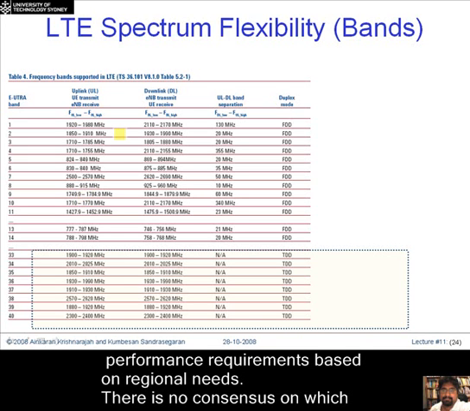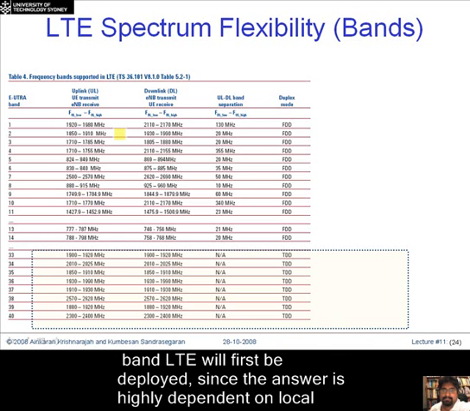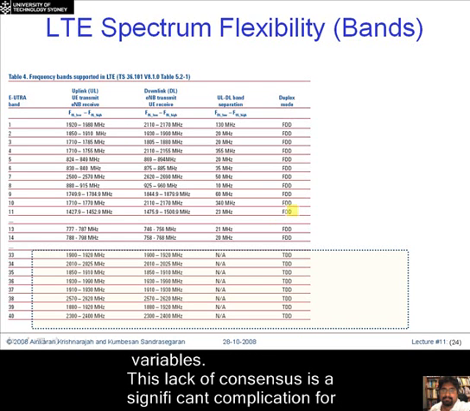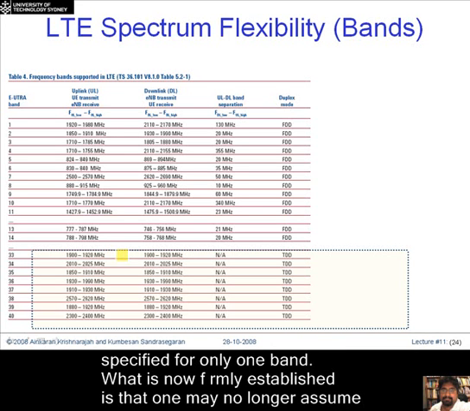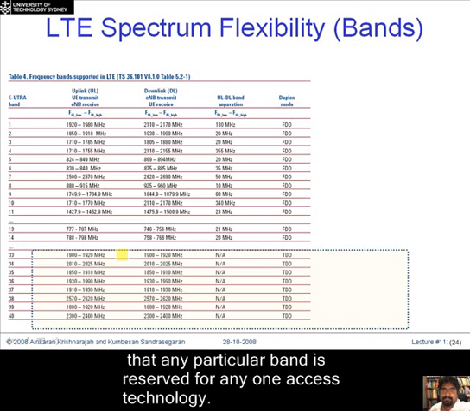Most of these earlier bands, which were the 800, 900 bands, the 1800, 1900 bands, the 2100 bands, and so forth, most of these are going to be based on FDD. And then the other bands that are below here are the ones that are going to be used for TDD. And some new bands are also going to be made available for the use of LTE in the future.